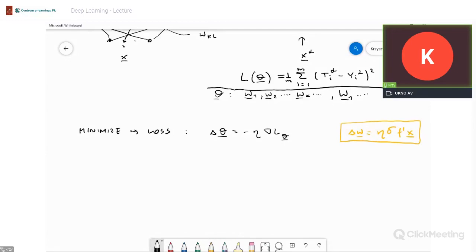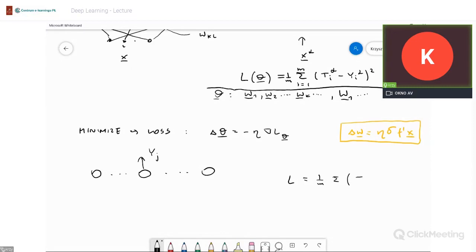Let's assume, so I redraw part of the drawing that I have above. I have a neuron, the jth neuron of the second layer. And I have a loss function, and this loss function is a mean squared error.